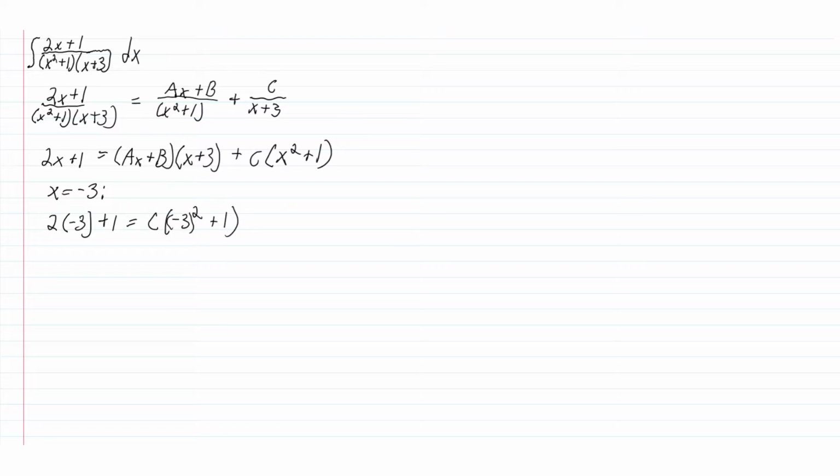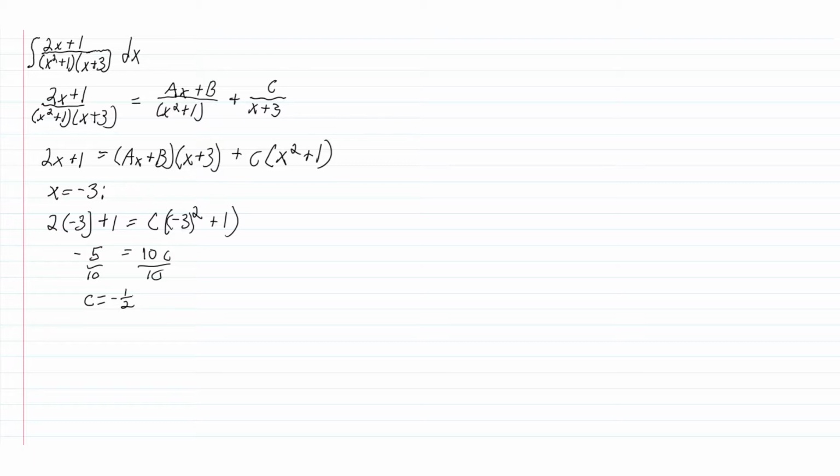So 3 squared is 9, plus 1 is 10. We'll have 10c on the right. And then 2 times 3 is negative 6, plus 1 is negative 5. When we divide by 10, we'll get c is negative 1/2.